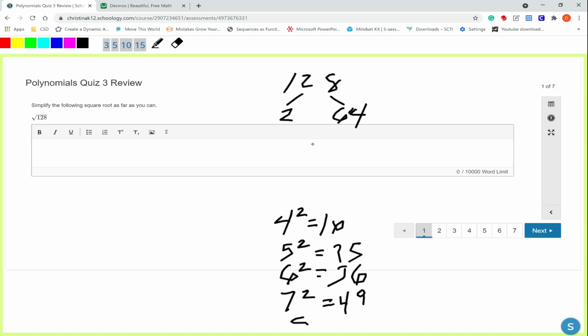And 8 squared equals 64. So 64 is a perfect square.